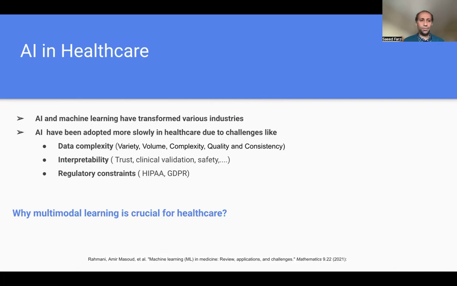We do know that AI and machine learning have already transformed various industries: finance, gaming, and of course healthcare. But in healthcare, this adoption is a little bit slow due to some challenges. The first one comes from data complexity, interpretability, and regulatory constraints. Let me talk about them one by one.